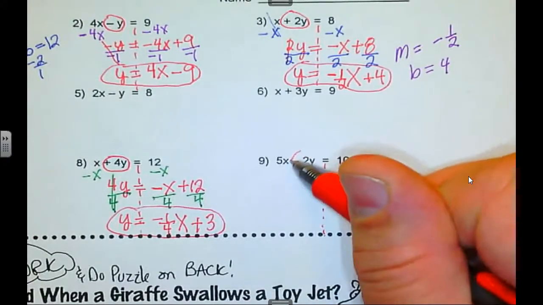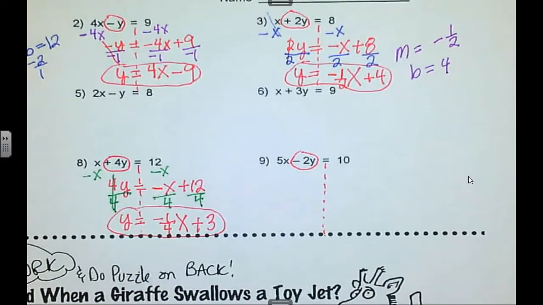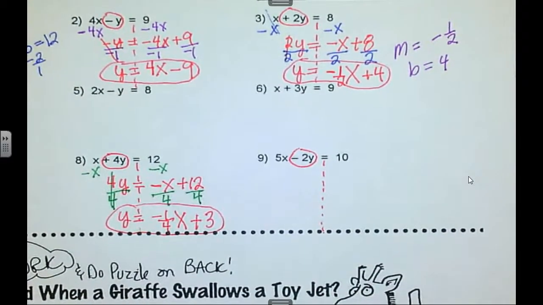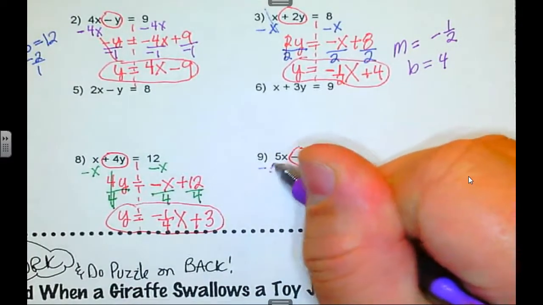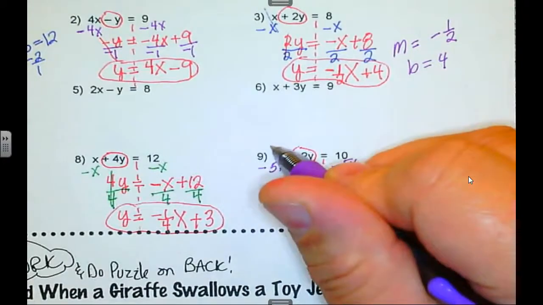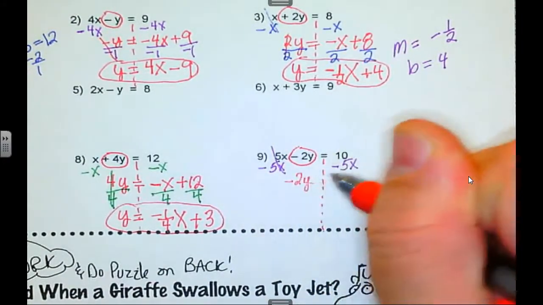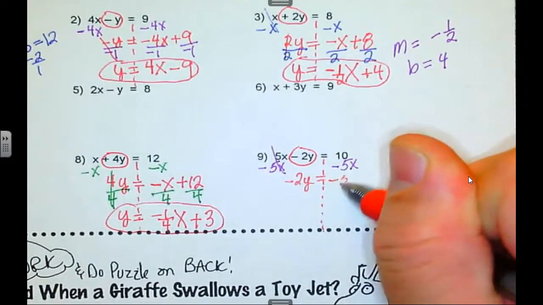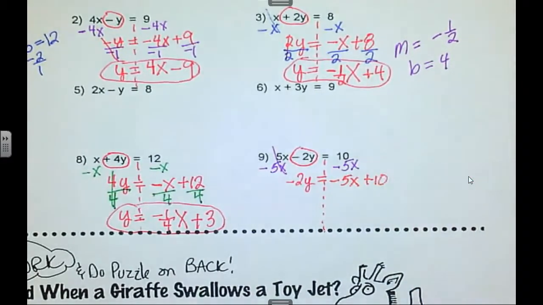All right, so I have to get -2y by itself first. I'm going to subtract 5x from both sides. I have -2y equals -5x plus 10.